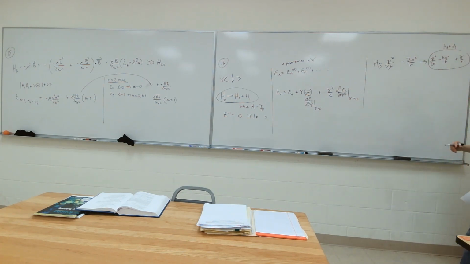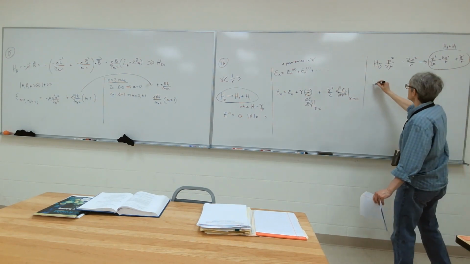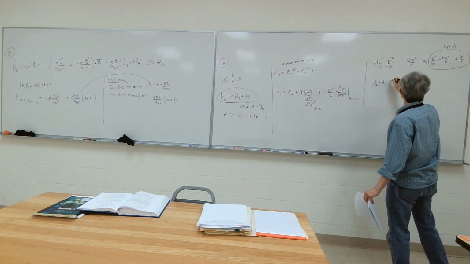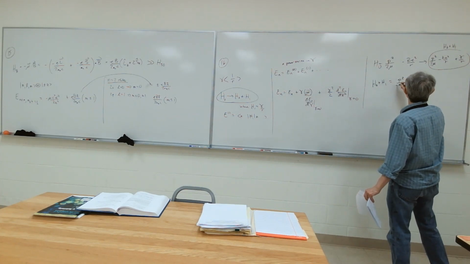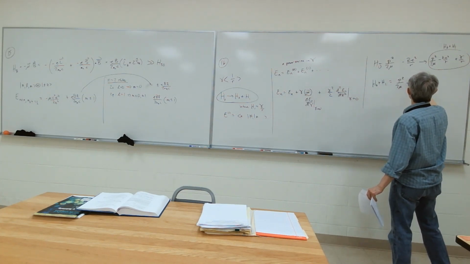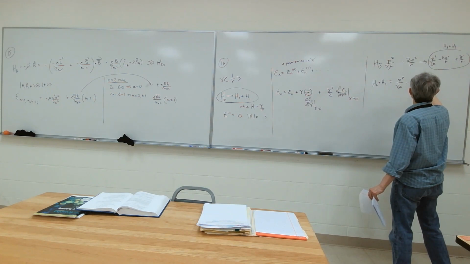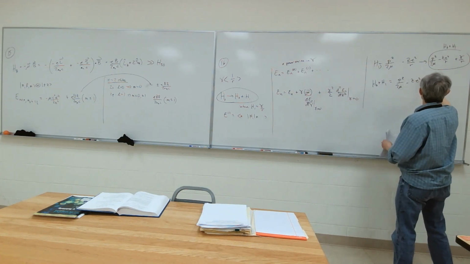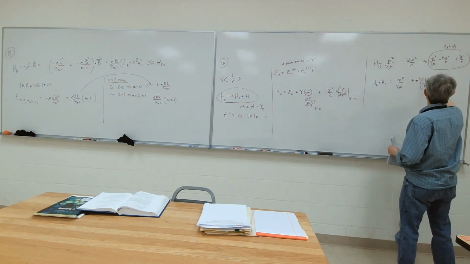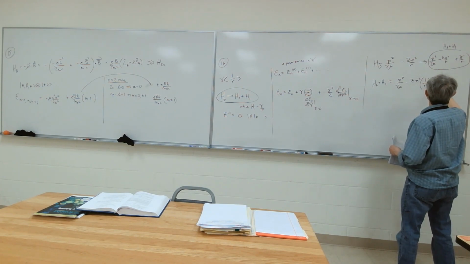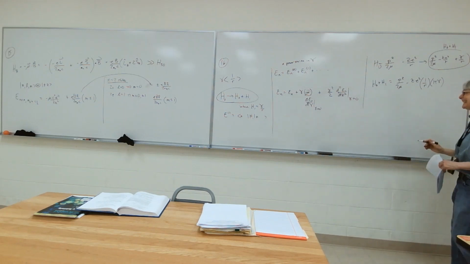But this is very easy. I can rewrite this, H naught plus H1, as P squared over 2 mu minus the quantity Z e squared minus gamma times 1 over R. Have I done that right?